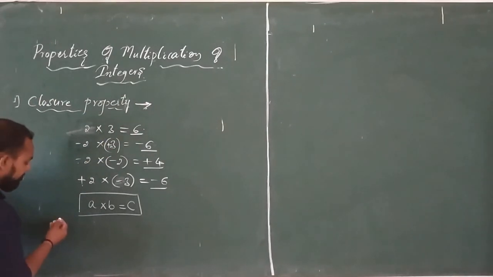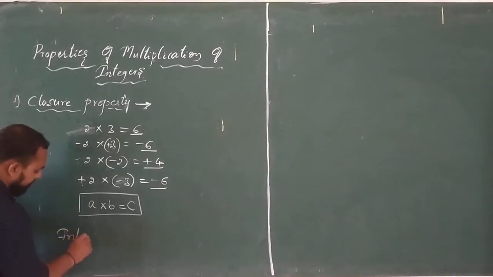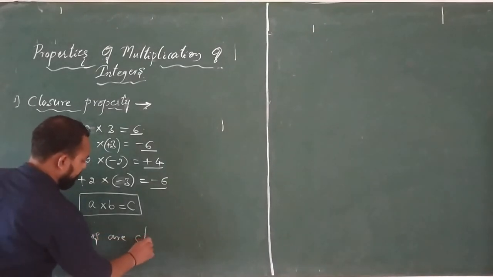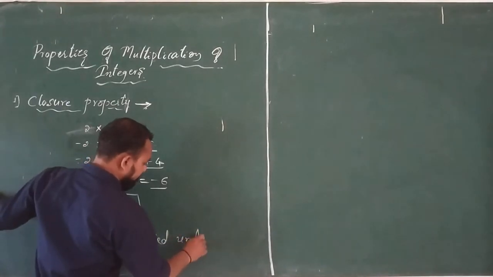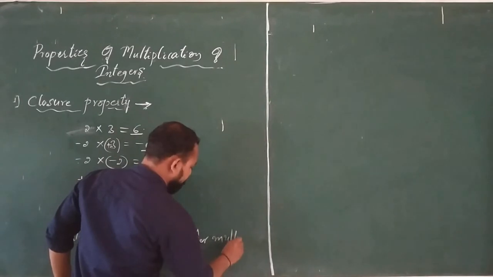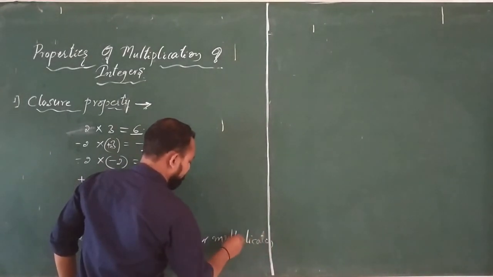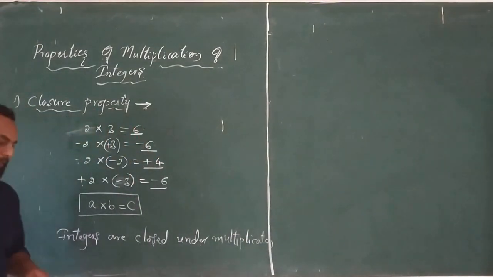The multiplication of integers are closed under multiplication. The integers are closed under multiplication.